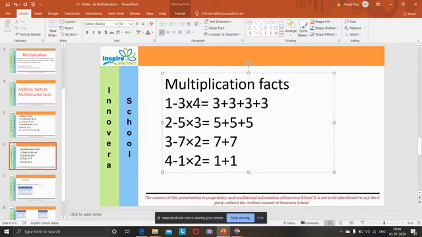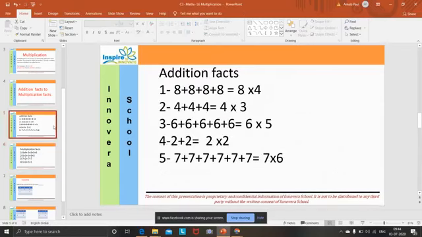These are addition facts. How to convert addition facts into multiplication facts? For converting addition facts into multiplication facts, we will write the number first, whatever the number is in the question. We give the multiply sign, and we write the number of times the number has repeated.